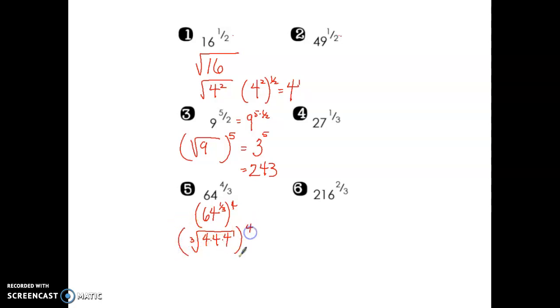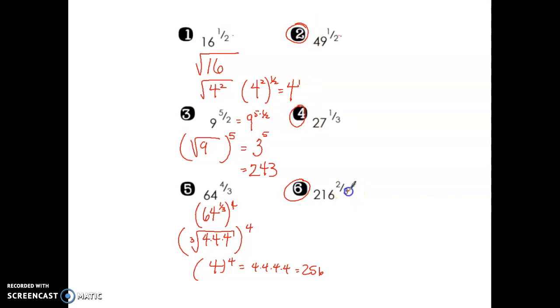So the cubed root of 64 is 4. I'm going to raise that to the power of 4. So 4 times 4 times 4 times 4, or I will get 256. Okay, try 2, 4, and 6 on your own to see if you get the hang of those.